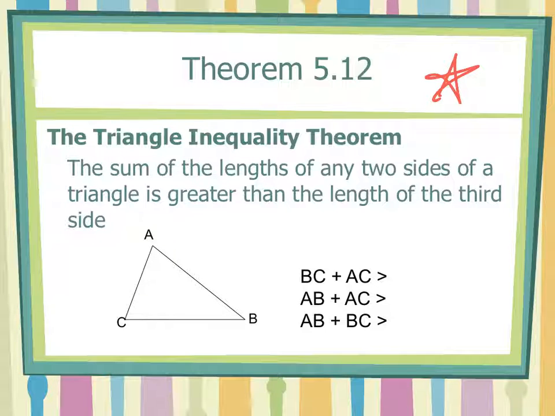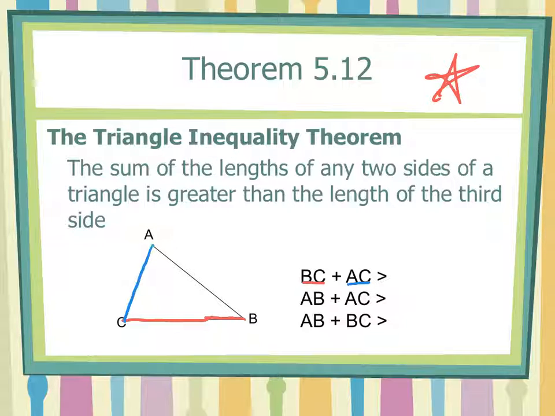So what we're looking at here is it's telling us that BC, I'm going to use red for BC. BC plus AC, those 2, if I were to add them together, have to be greater than what?